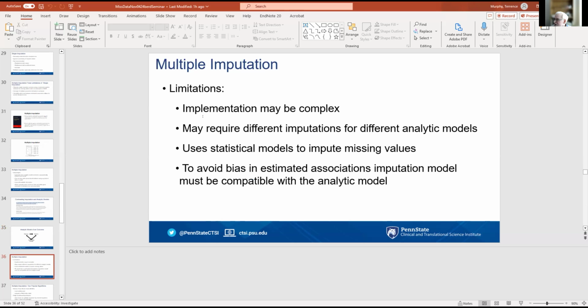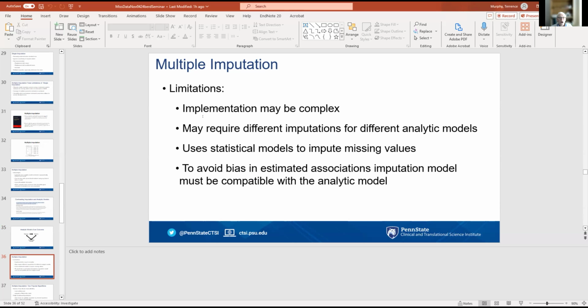So what are some of the limitations of multiple imputation? Its implementation can be complex. If you're using different analytic models, you may have to generate different sets of imputed data. It directly uses statistical models to fill in missing values, unlike maximum likelihood.